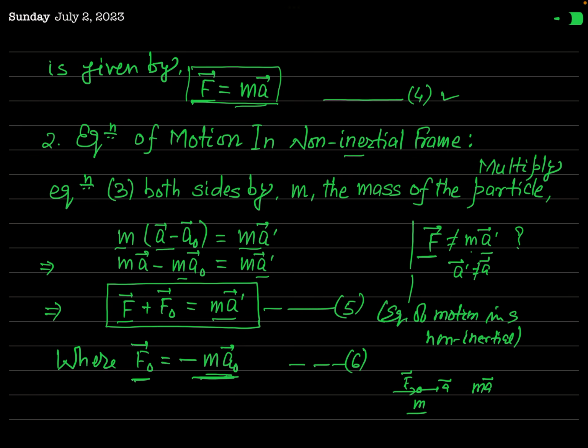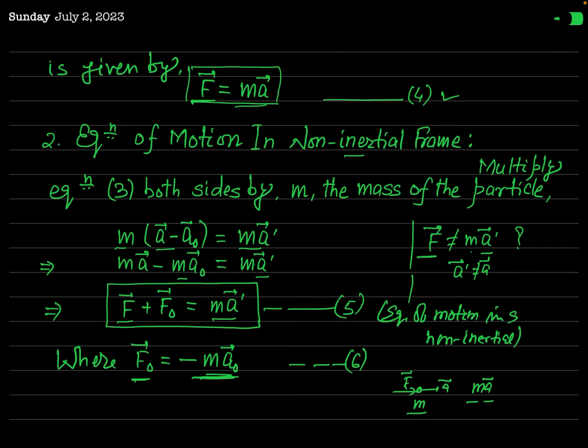If I say that I will multiply your mass with the acceleration of a car moving on the road, the acceleration will be of the car and the mass will be yours, and that will be multiplied. Will that be a force acting on you? No, because the mass is yours and the acceleration is of the car. So that product will not give a real force. But the dimension will be the same because it is a product of mass and acceleration. So this F naught is not a real interaction, not a real force. It is not actually acting on that particle.